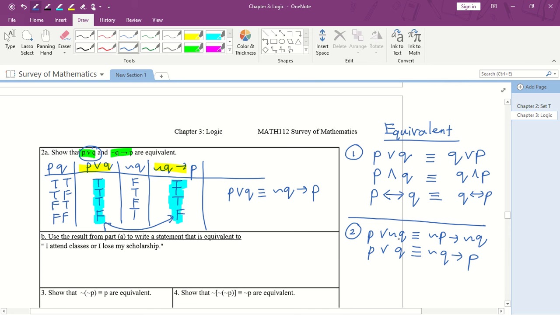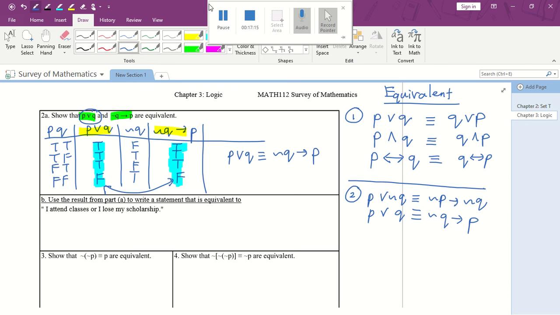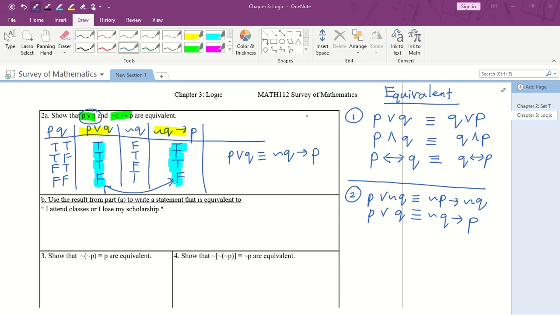So how can this become similar? Let's look at here. Negation Q implies P, P or Q. Okay, so let's leave it here. These are the two things I want you to realize here.